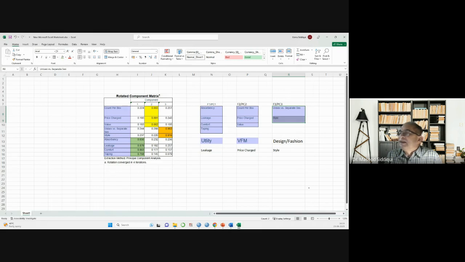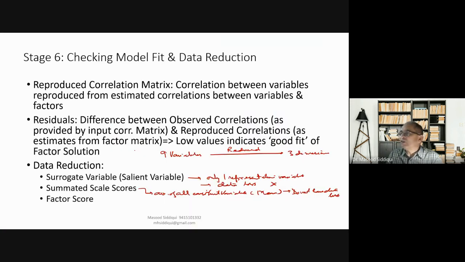But here, leakage is showing high relationship and tapping is showing low relationship, right? And you are putting equal importance to all of them. So you are ignoring the factor loading part, means you are ignoring the weighted component, weighted part. So here we have the objection. What is the objection here? We ignore the relative importance of variables.